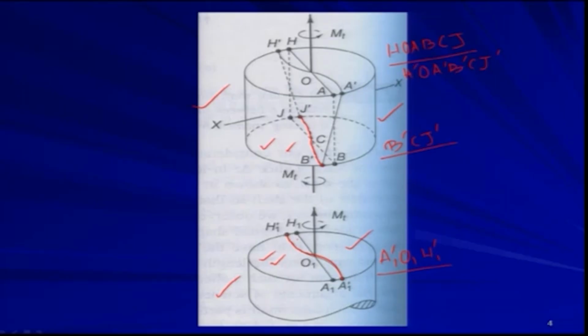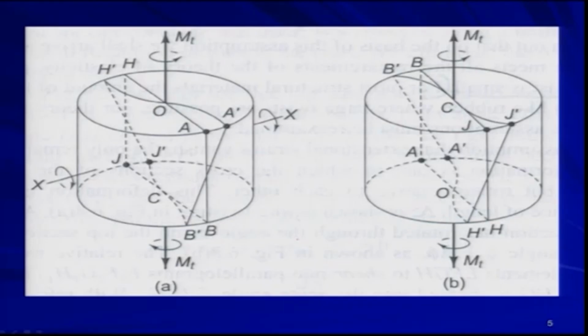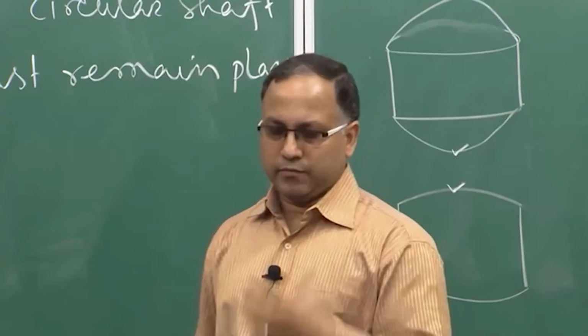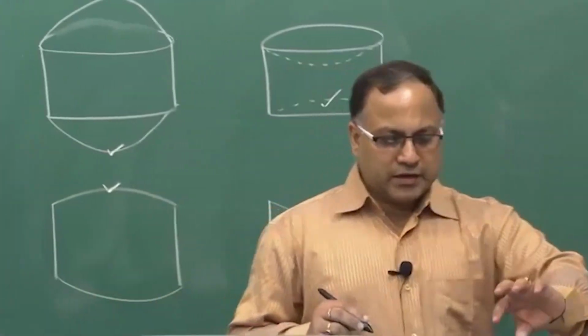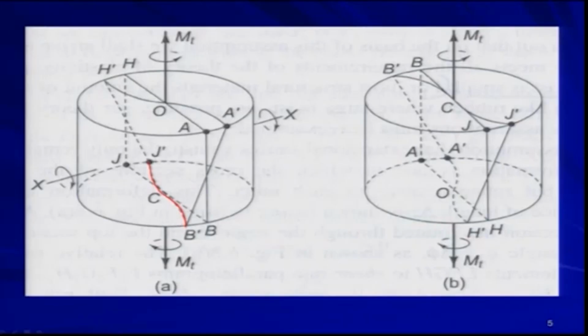Okay. Now, if you consider that B prime C J prime is not taking that kind of curvature, it is taking this kind of curvature, then that will match with the lower part, fine. But now, if I rotate, this is my x axis here.